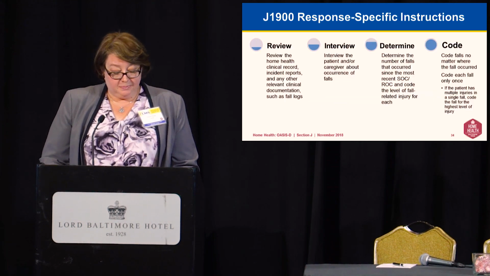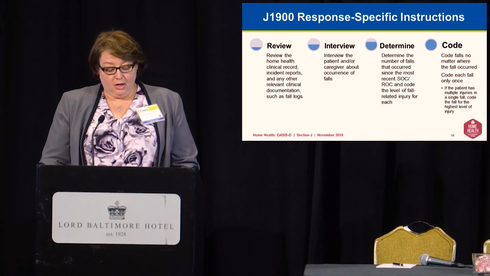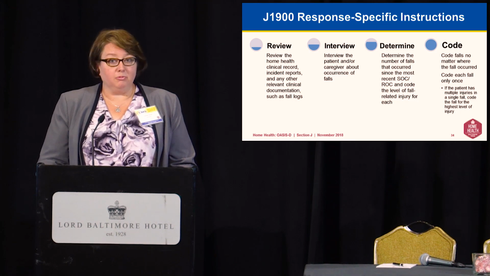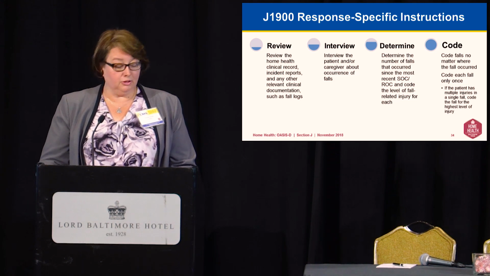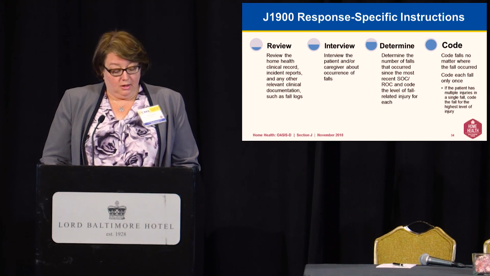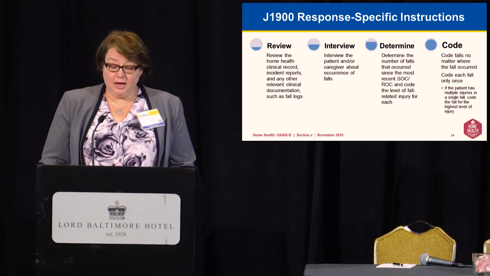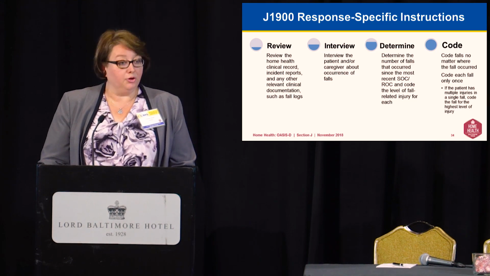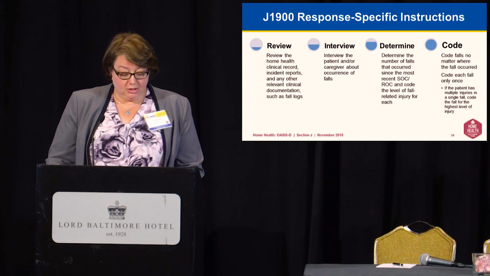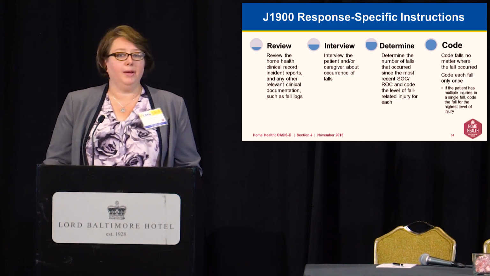So, the response-specific instructions around J1900 fall into 4 categories: review, interview, determine, and code. You're going to review the home health clinical record, incident reports, and any other relevant clinical documentation, such as fall logs. You're going to interview the patient and/or caregiver about the occurrence of falls. You're going to want to know, have you had any falls?